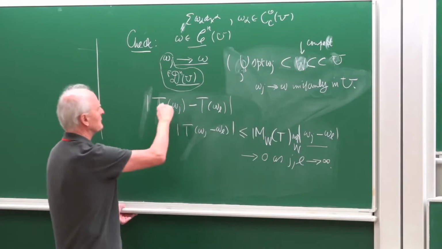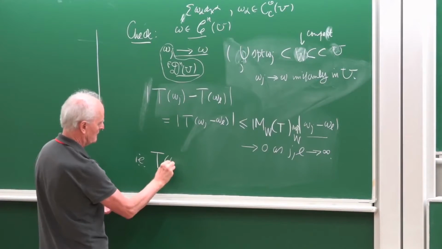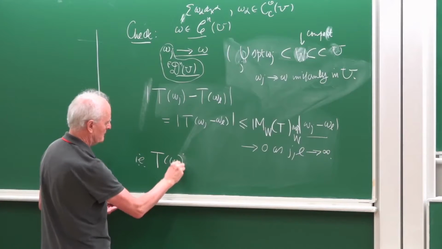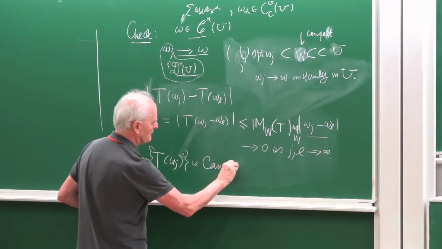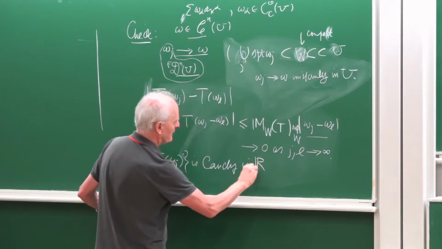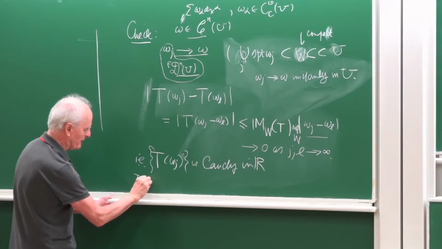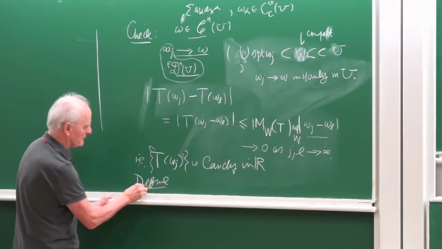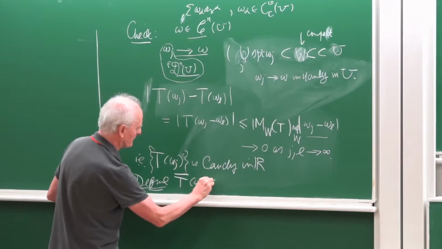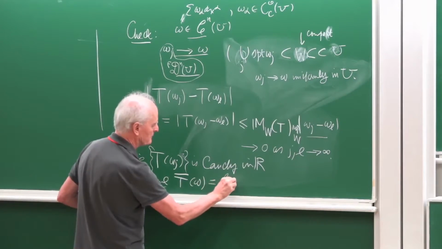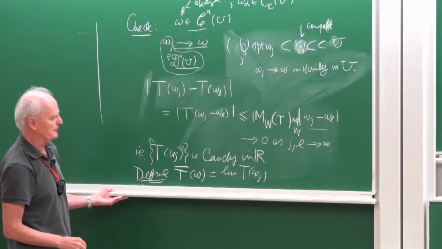So this is a Cauchy sequence of real numbers. It's Cauchy in R, and that means it converges. So we simply define T bar of omega to be equal to the limit of this Cauchy sequence as j tends to infinity.